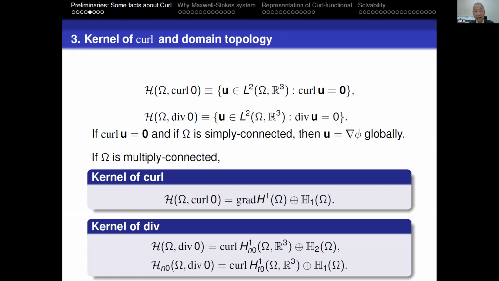And the kernel of divergence consists of two parts, curl of H1, the image of curl, and the space H2. So you can see that the domain topology enters the kernel of curl and the image of curl. And the kernel and the image are actually related to the equations involving the operator curl or curl curl.